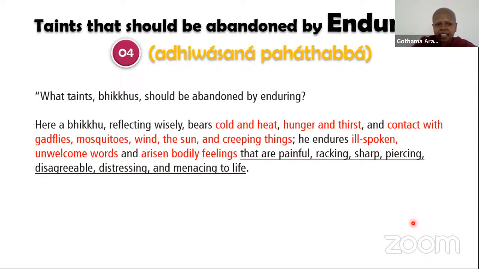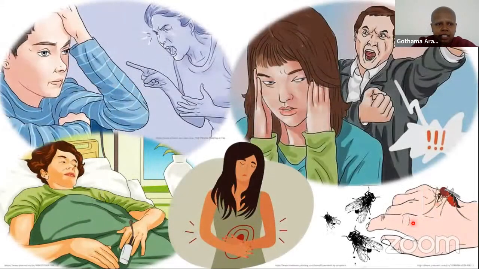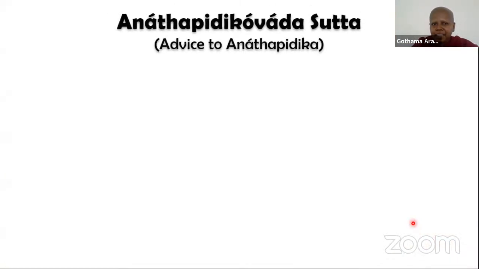And there's one other example. How about this? Bodily feelings that arise that are painful, very sharp, piercing, unbearable feelings, physical pain. There's one story, where you are sick and in pain.